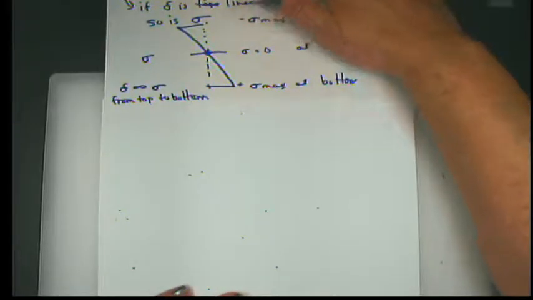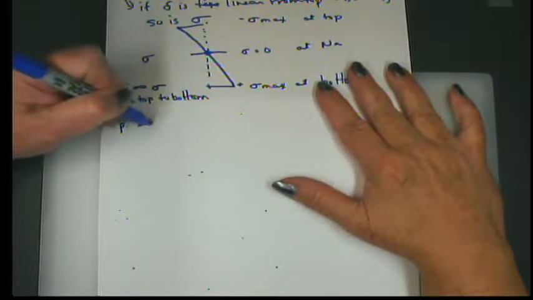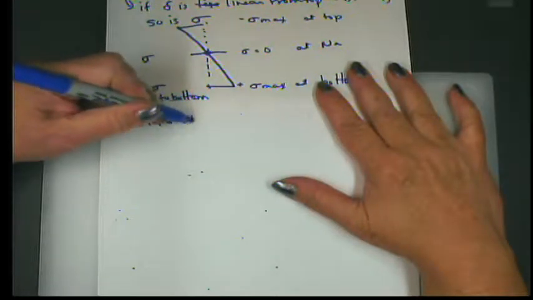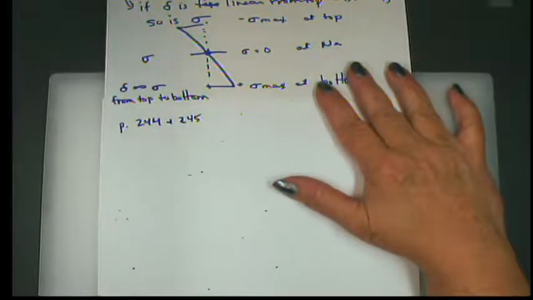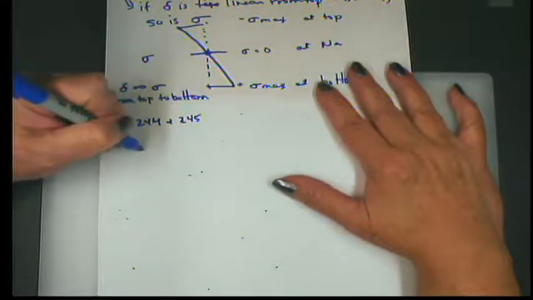All right. So there's a little bit of a derivation on pages 244 and 245 that discusses what this sigma looks like mathematically. But basically, let's just do a shortcut here.